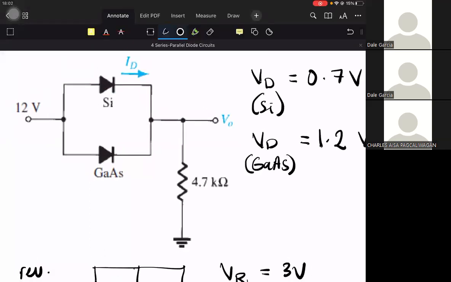What would happen, class, is the diode that has a lower forward bias voltage will be the first to turn on. So just try to think of the two diodes as bottles of different sizes. Kanisha is 1.2 liter, kani is 0.7 liters lang.